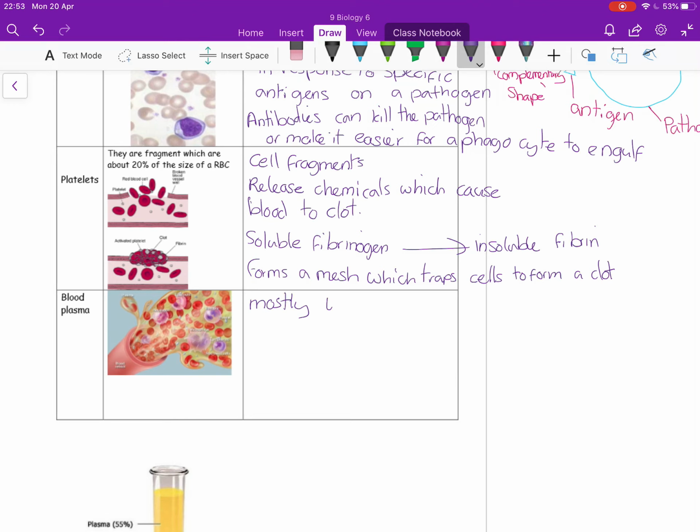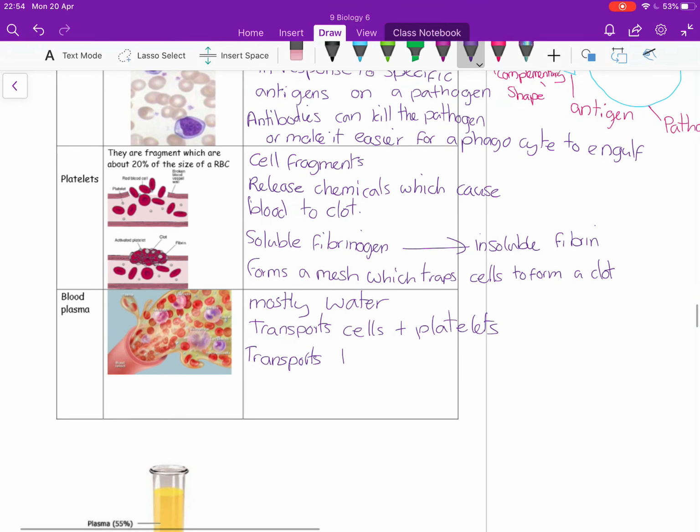Okay, our fourth and final component of the blood then is the blood plasma. This is mostly water. It's a straw-coloured liquid, so a kind of pale yellow colour, because it gets that colour from some of the different things that are dissolved in the plasma. As well as being a transport medium for the cells and the platelets, it's also going to be transporting around loads and loads of dissolved chemicals.